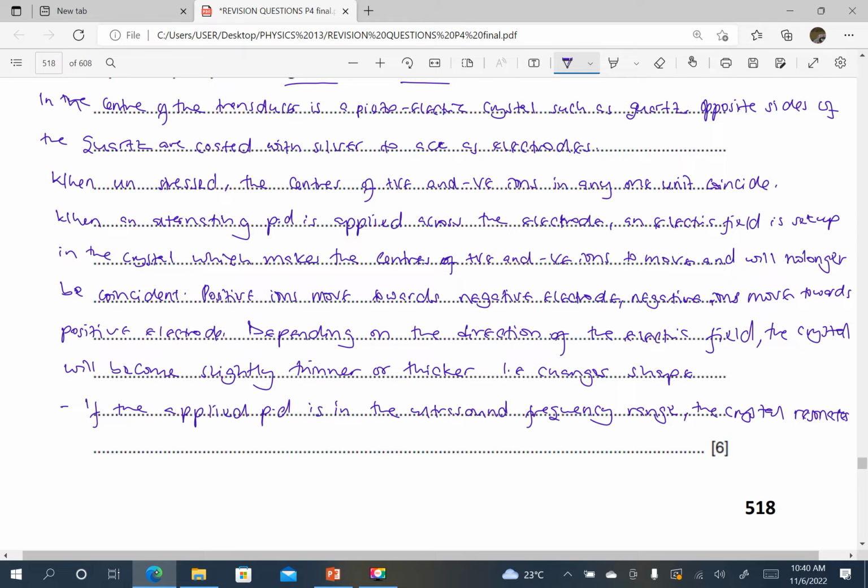These oscillations give rise to ultrasound waves in the medium surrounding the crystal.